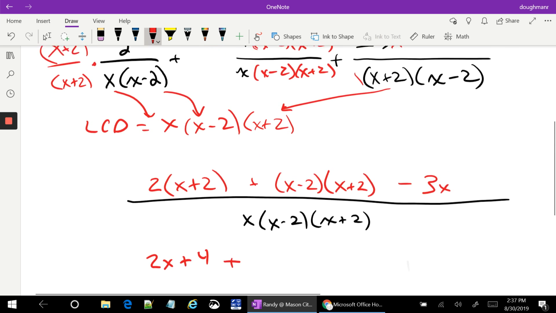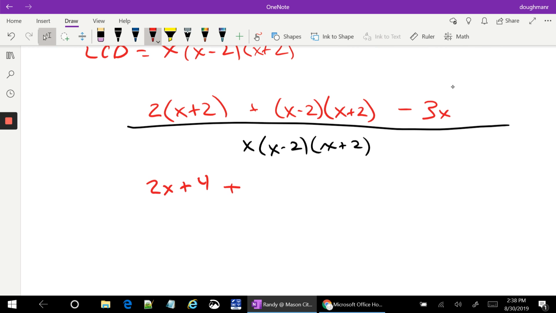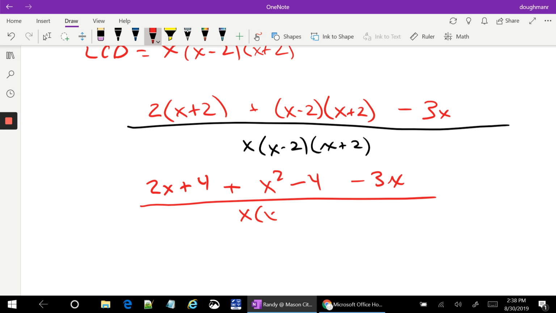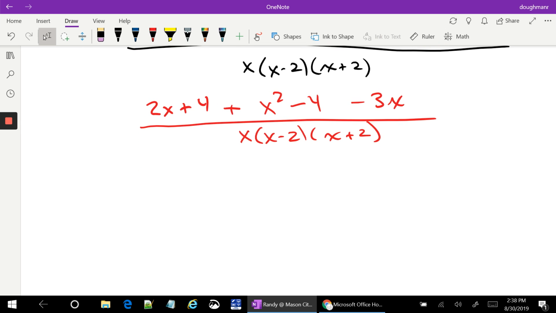Actually, we know that because I factored above. That's going to be x squared minus 4, and then minus 3x. Still got the same denominator. All right, let's combine like terms. So now I've got an x squared.